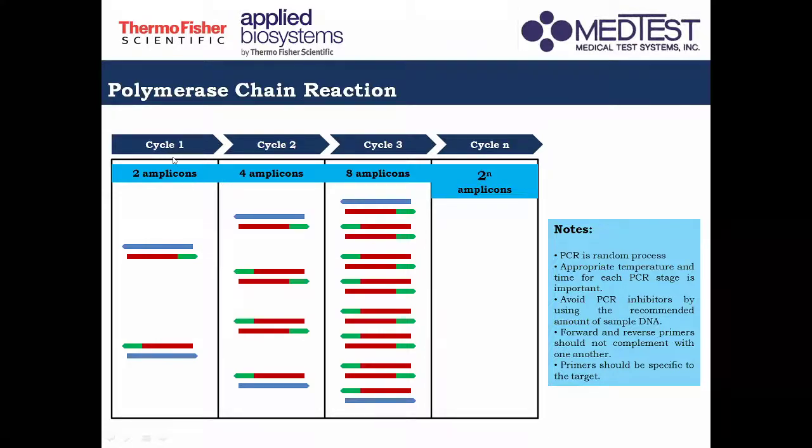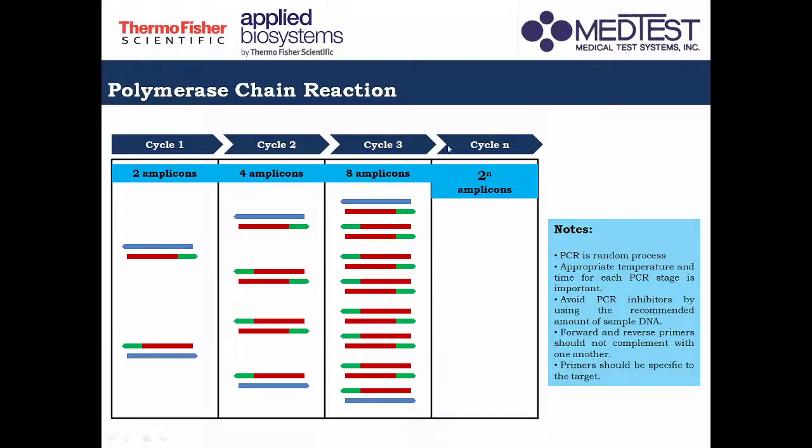So, okay, I'll continue. So, in the first PCR cycle, you would end up with two amplicons. Now, if you use another cycle, in the second cycle, you would end up with four amplicons, four copies of your DNA.